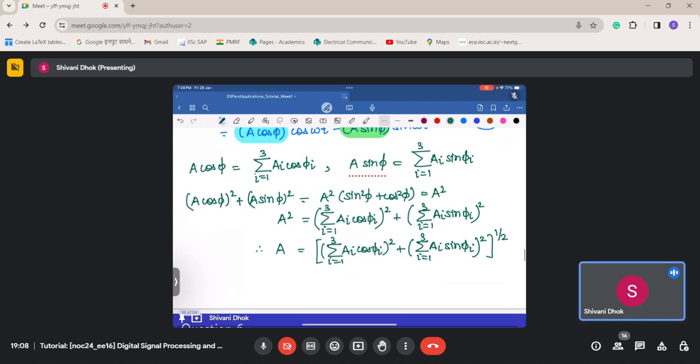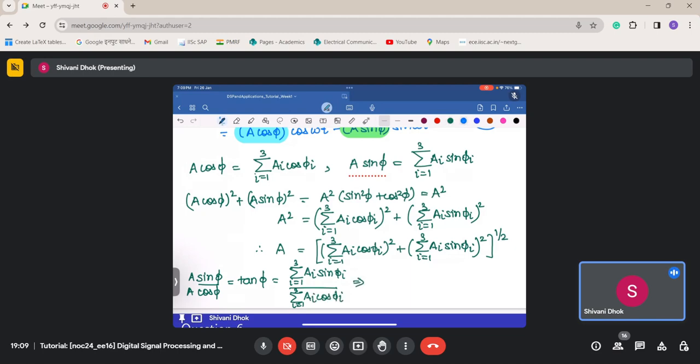Now in order to find the value of phi, we can use either this equation or this equation, or simply take the ratio of the two. So we have sin phi upon cos phi, which is equal to tan phi, equal to summation i equal to 1 to 3 of Ai sin phi i upon summation i equal to 1 to 3 of Ai cos phi i.